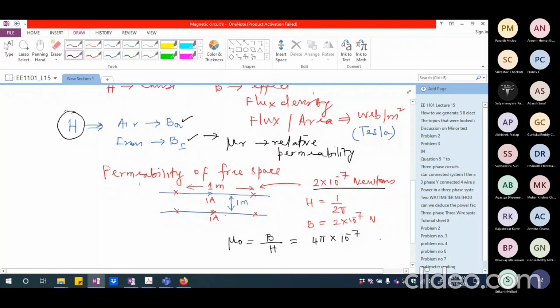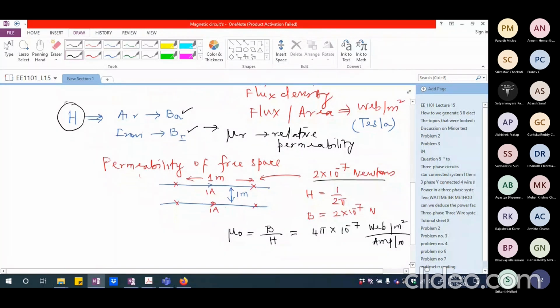This is what we said as the permeability of free space. And for this, we derived the unit as Weber per meter square divided by ampere per meter. This is what we wrote as the unit, from which we could say this will be Weber per ampere meter.